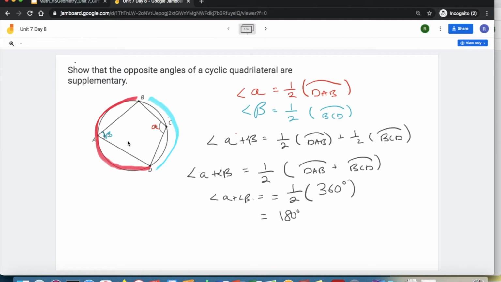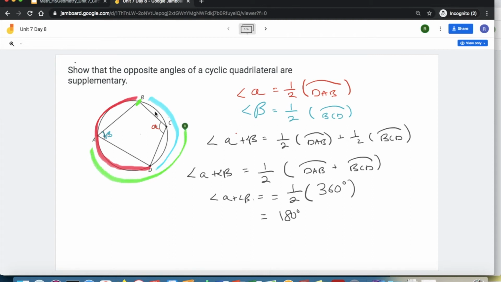So now, let me take this picture and let's do a variation of this. Let's say in green here, I'm going to highlight the arc that angle ABC intercepts. So angle ABC intercepts the green arc right here.